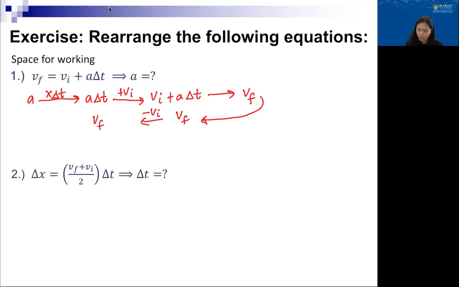That will give you Vf minus Vi. And then you multiplied with delta t earlier, so you have to divide Vf minus Vi by delta t. So you have Vf minus Vi divided by delta t, and you're back to a.